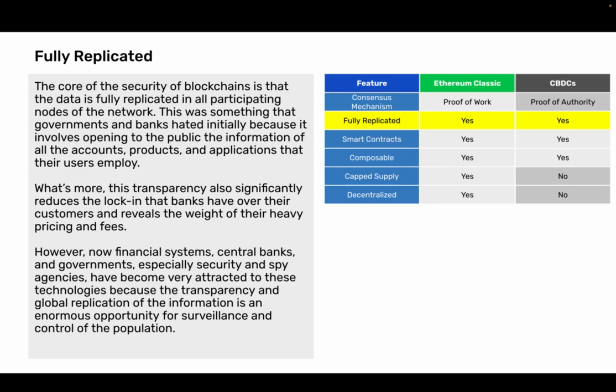What's more, this transparency also significantly reduces the lock-in that banks have over their customers and reveals the weight of their heavy pricing and fees. However, now financial systems, central banks, and governments, especially security and spy agencies, have become very attracted to these technologies because the transparency and global replication of the information is an enormous opportunity for surveillance and control of the population.